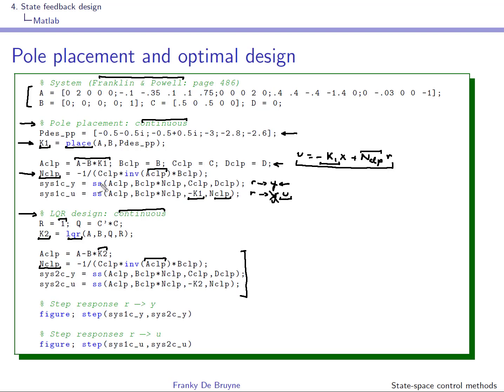So you see there is no major difference between pole placement and LQR, except that here, of course, you choose the poles to influence your shaping of the response, and here you choose tuning matrices. But once you have the state feedback, everything remains the same. And what you can do now again is look at the step responses, as I said, from R to Y and R to U.